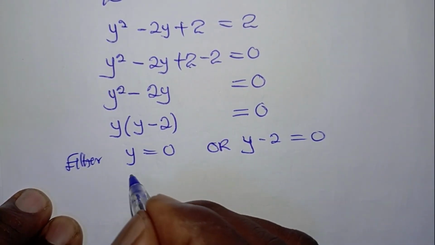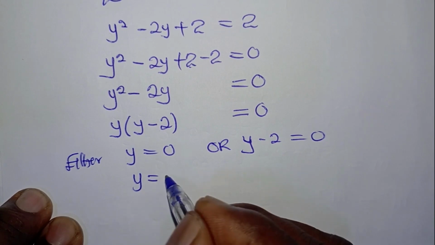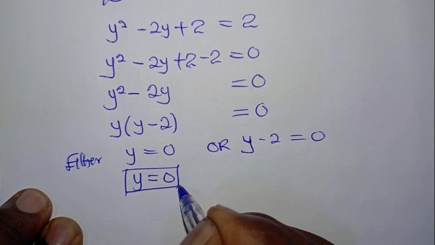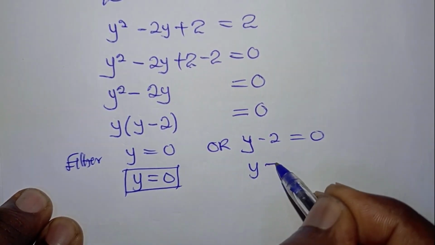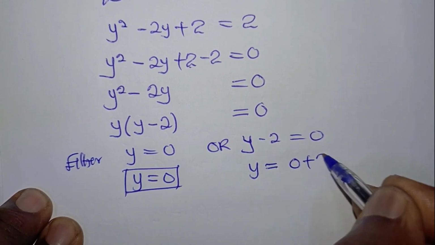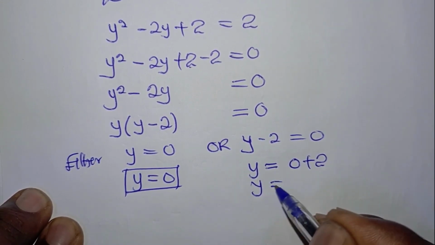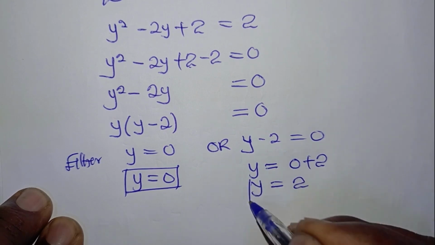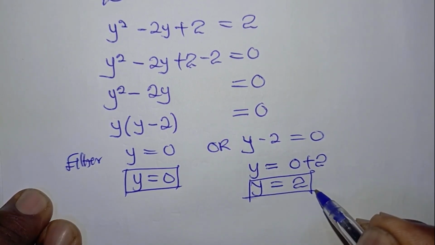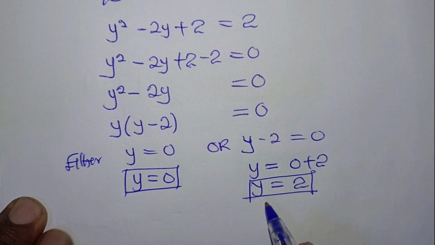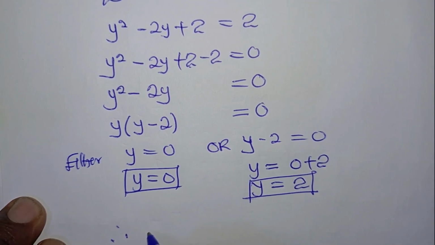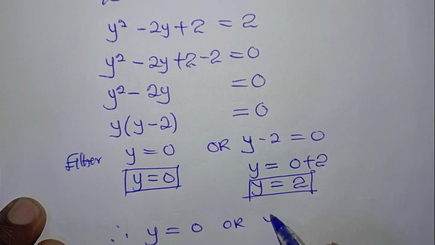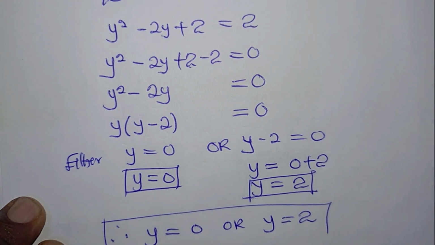So here we have y found as 0 as the first solution, or here y equals 0 plus 2, so we have y equals 2. That is another solution. So these are the solution set to the equation. So therefore, y is equal to 0 or y is equal to 2. These are the solutions set to the equation.